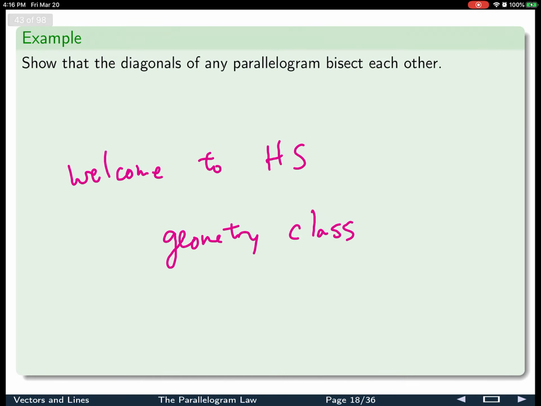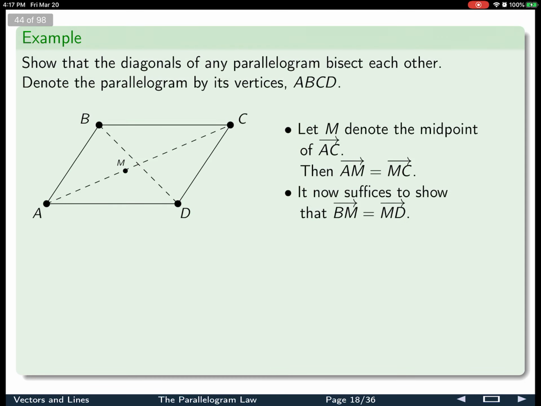All right, here's an interesting thing that we get to do. We get to show that the diagonals of any parallelogram bisect each other. Welcome to high school geometry class. We're going to give points to each of the vertices on this parallelogram, A, B, C, D, and we're going to create a midpoint in there. Right now, the midpoint's a little bit off center, it looks like, but we are going to show that that midpoint is, in fact, at the intersection of those lines, AC and BD.